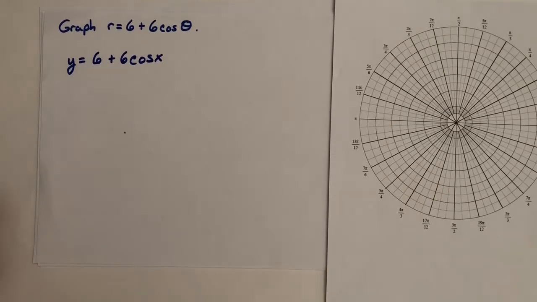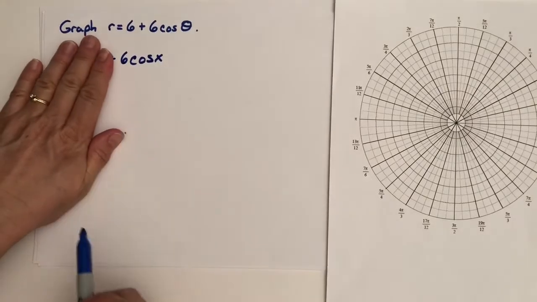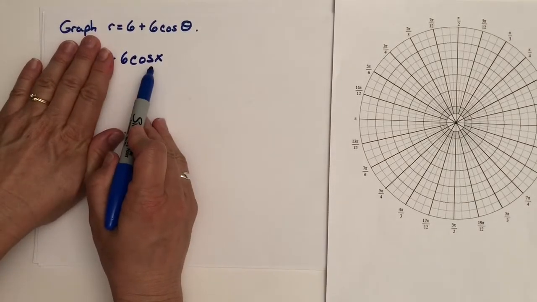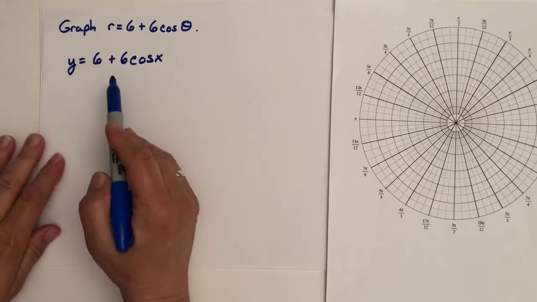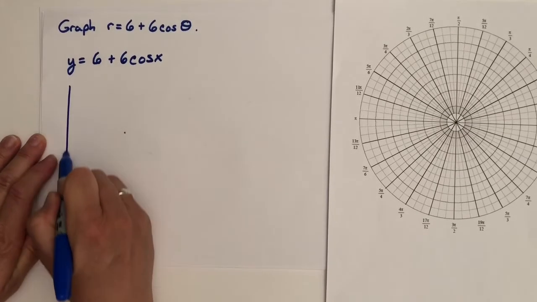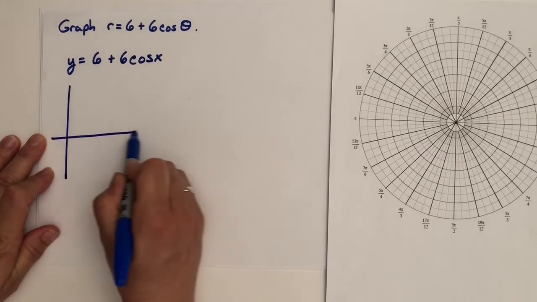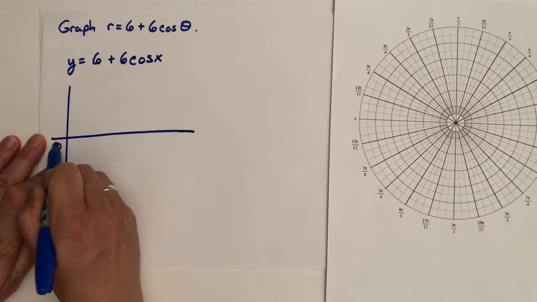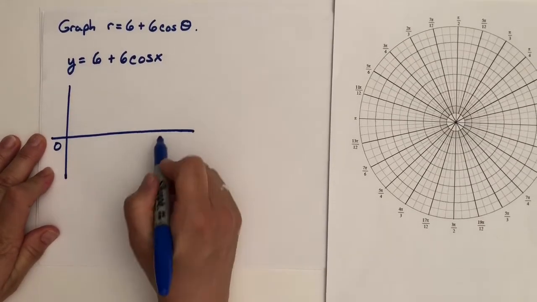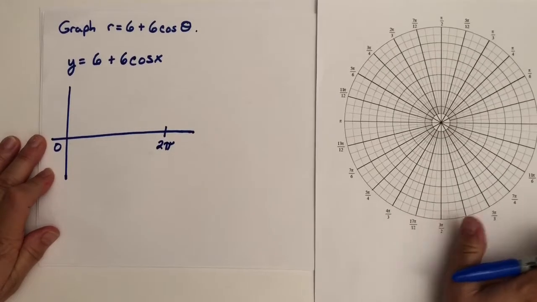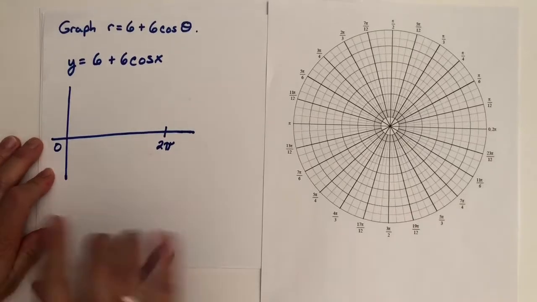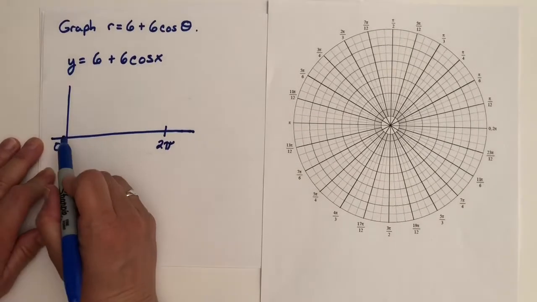So we know what the graph looks like. We know 6 cosine x is our cosine graph with an amplitude of 6, but it's been shifted up 6 units. So let's see what that looks like. The period is unchanged, so it's just 2 pi, and we'll just finish one cycle between 0 and 2 pi.